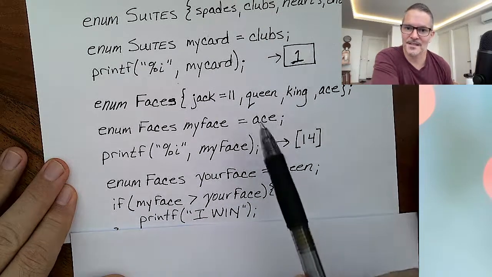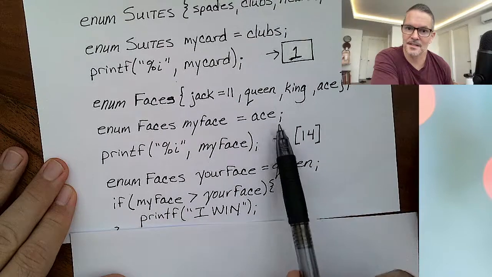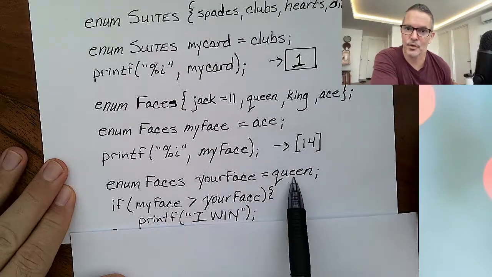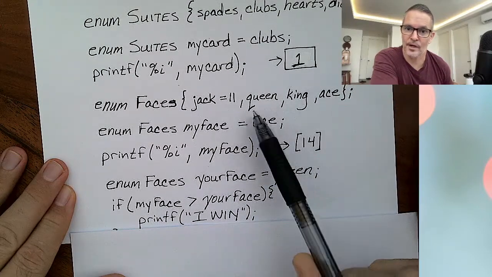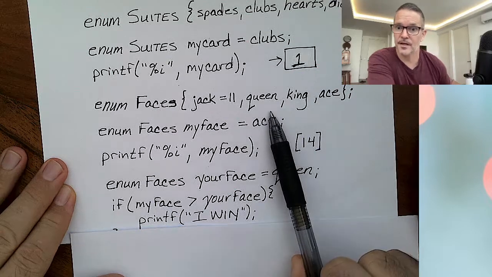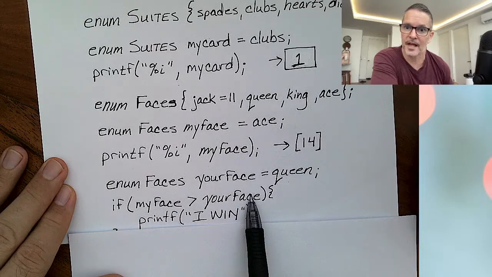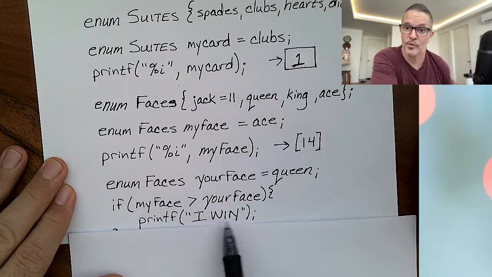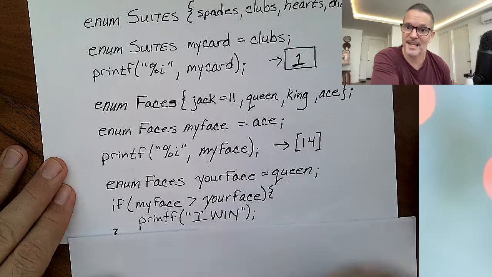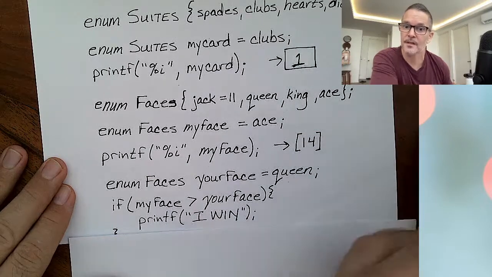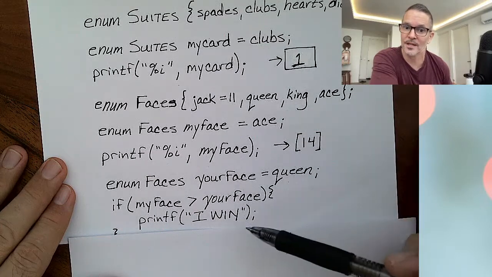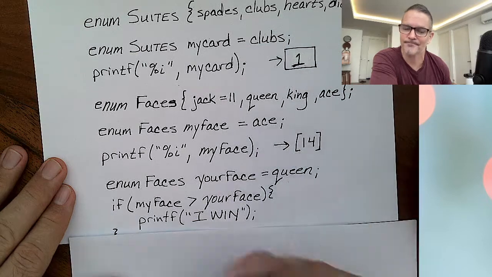So in this instance, my face is Ace, your face is Queen, Ace is greater than Queen based on the way I've defined my enumeration, and the compiler will evaluate these two variables as integers and we'll get the result we expect. If my face has a greater value than your face, then it will print out I win.